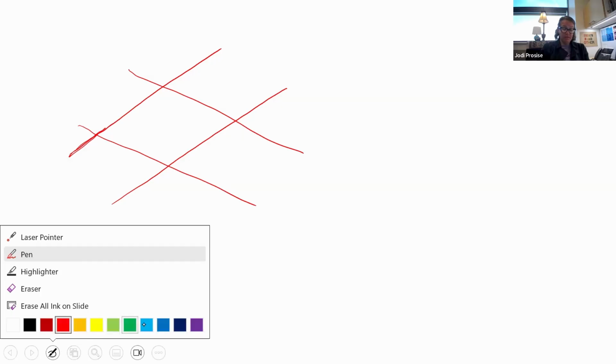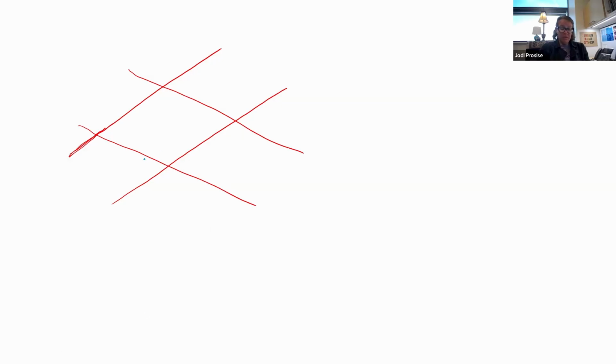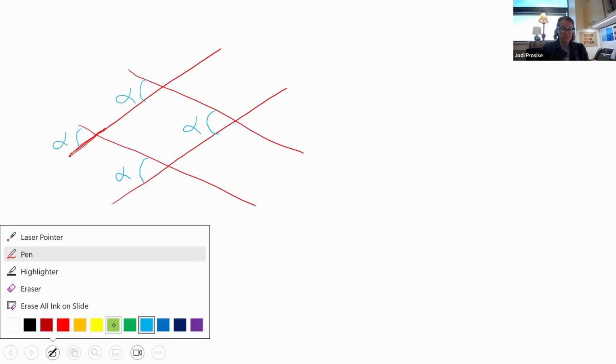Let's say whatever angle we have here, we'll call it alpha, is going to be the same as the angle here, which is also the same as the angle here, and the same as the angle here. Okay, cool. What other ones can we find that are the same?